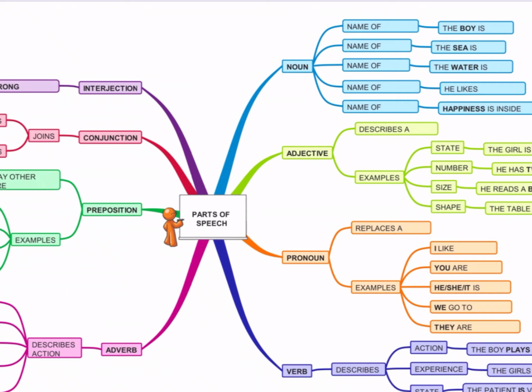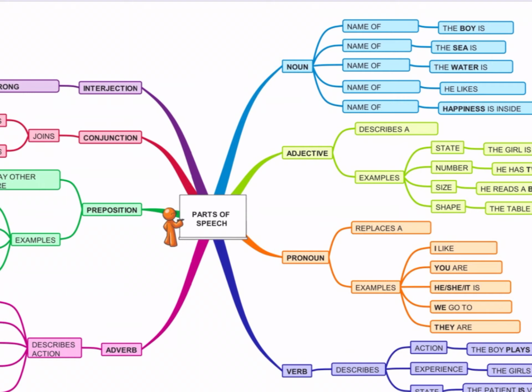For example, let's look up here. The boy is hungry. The sea is beautiful. The water is cold. He likes bike riding. Happiness inside. These are all naming the person, place, or thing.